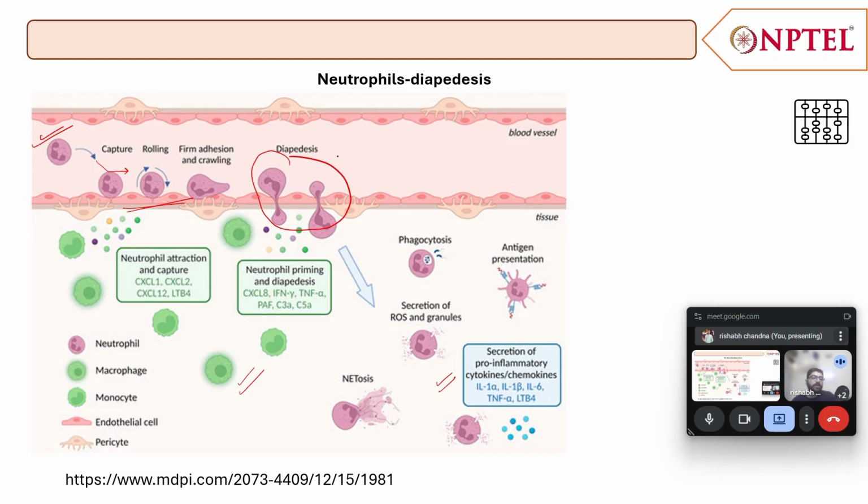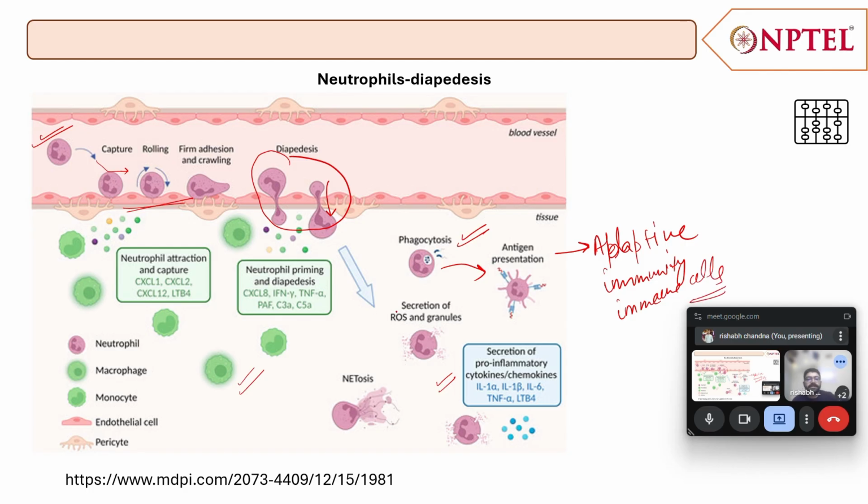Because these do not have a defined shape, they can change their shape and easily ooze out from the endothelial cell and enter into the tissue. Here it can phagocytose the bacterial cell. It can present the antigen to different adaptive immunity immune cells.